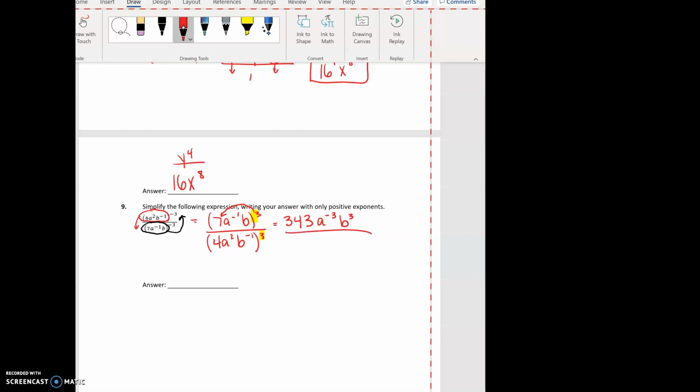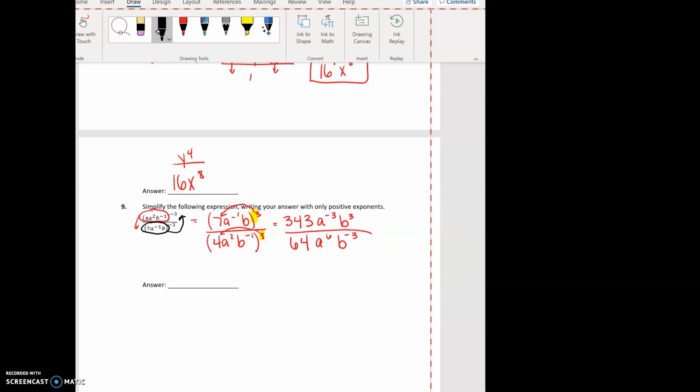All of that will be over 4 to the third power, which is 64. A squared to the third power, which will be a to the sixth. B to the negative 1 to the third power, that'll be negative 3.